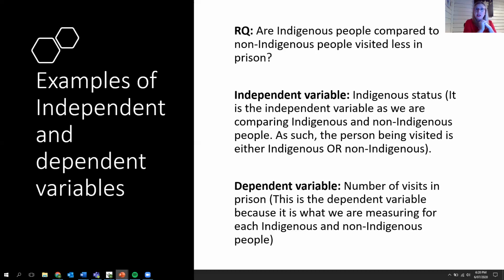I don't know if these things are directly related, but this is a great research question. And we could say, if I broke my sample into two groups, do those who are Indigenous have fewer or more, or about the same number of visits as those who are non-Indigenous? Okay, so that's one example. Let's talk about another here.